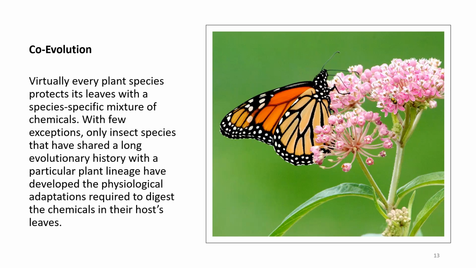Here's a monarch on a milkweed. This is the swamp milkweed. And the monarch migration follows the blooming of milkweed plants. Monarchs will feed on other plants, but they are largely drawn to the milkweeds of various species.